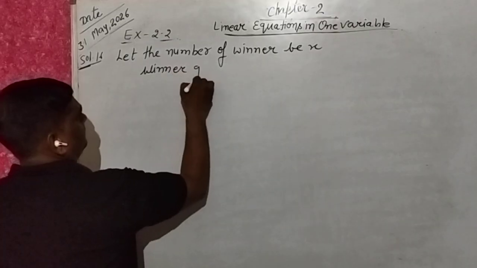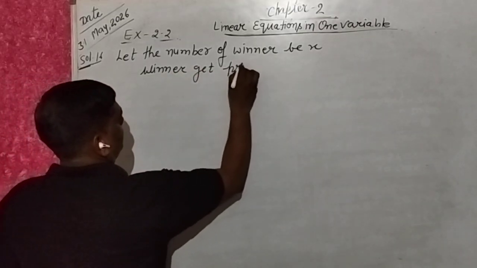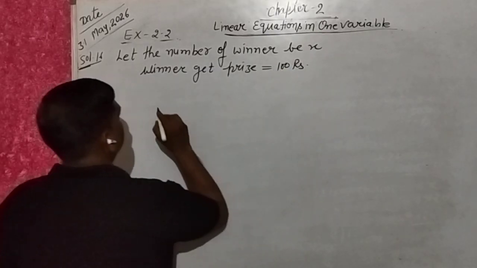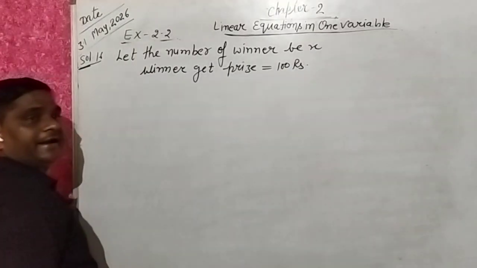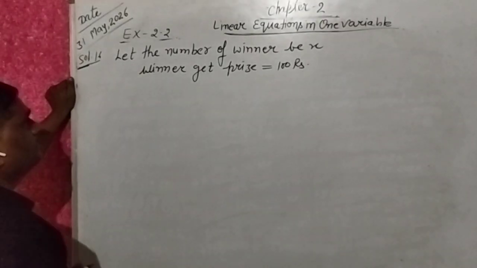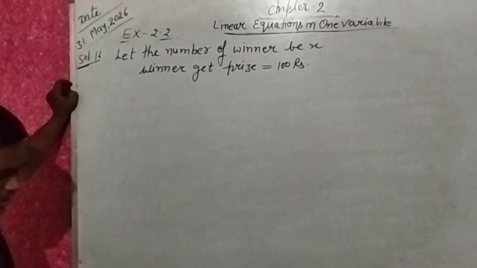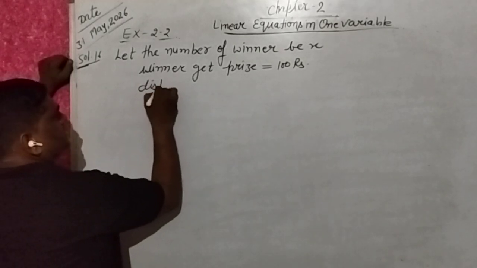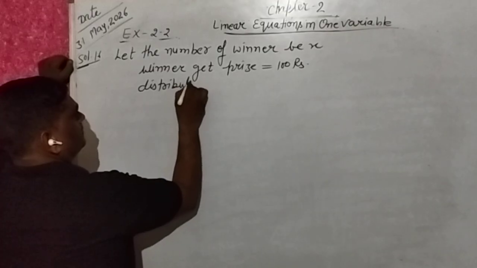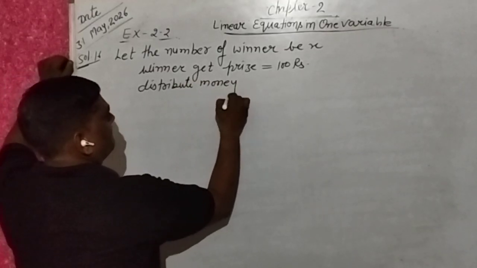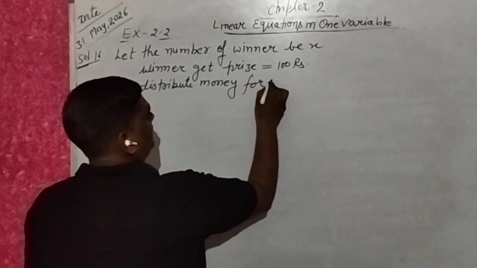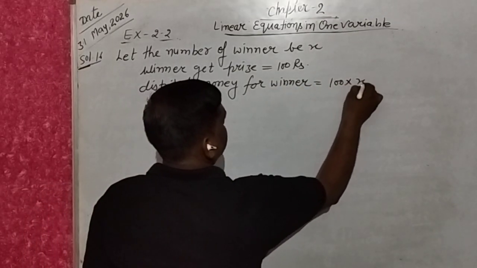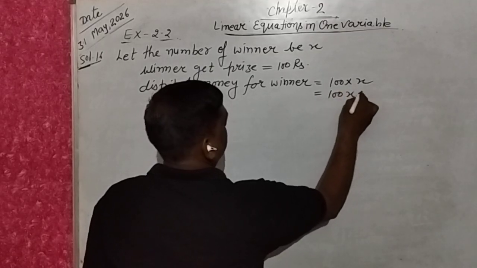Winner gets a prize of 100 rupees. Next, distributed money for winners: 100 into x, 100x rupees.